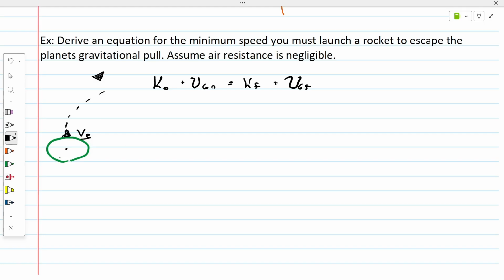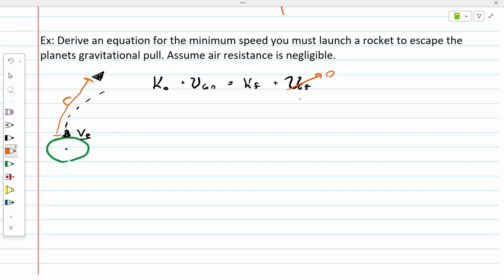As we talked about before, as the radius between the planet and the rocket gets larger, this potential energy goes to zero. So if it escapes the planet's gravitational pull, the gravitational potential energy final is also going to go to zero. So this term is going to go to zero.